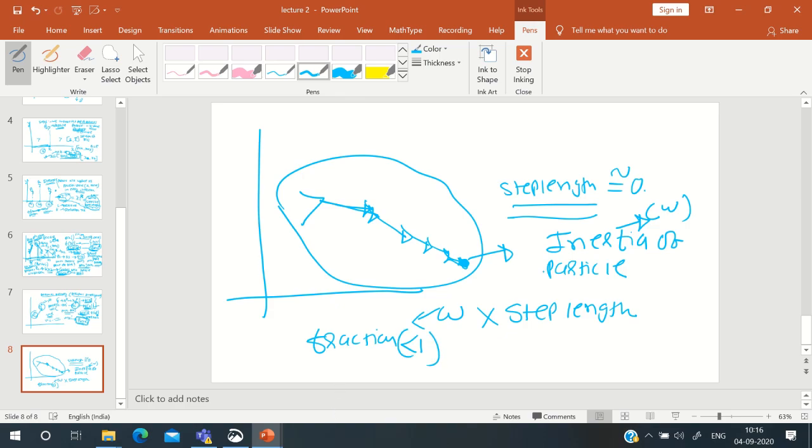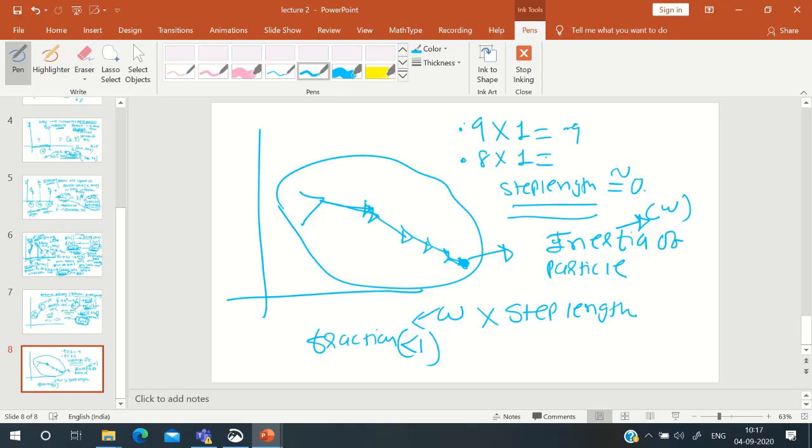So let us say the initial value is 0.9, and assume your step length is 1. So what is the initial step length? It is 0.9. Now in the next phase, you decrease the inertia constant to 0.8, and assume that in this case also your step length is 1.